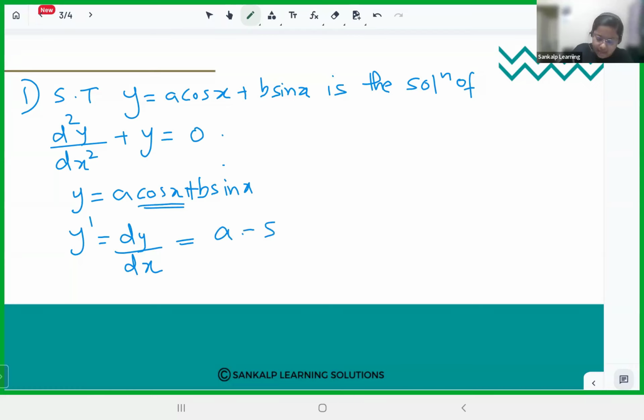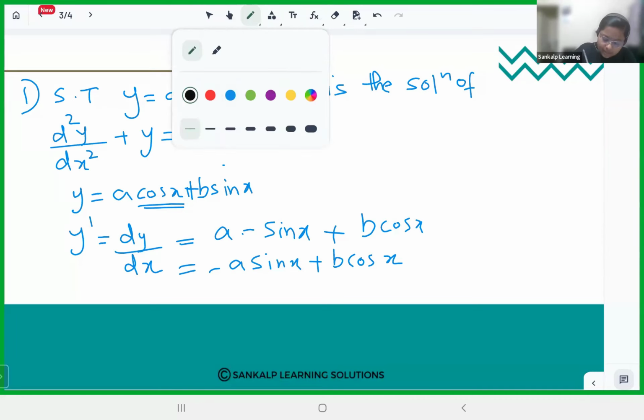It is minus sin x, right? A into minus sin x plus b into, b is a constant, and the derivative of sin x is cos x. So this can be written as minus a sin x plus b cos x.